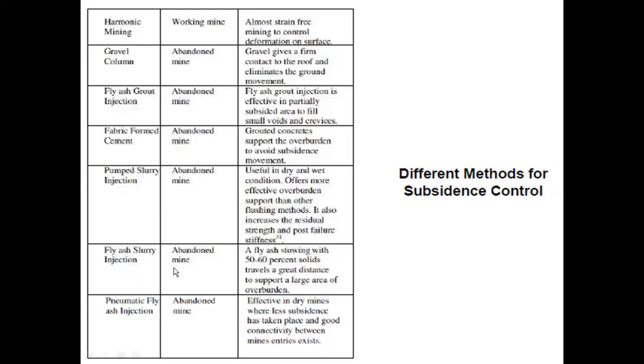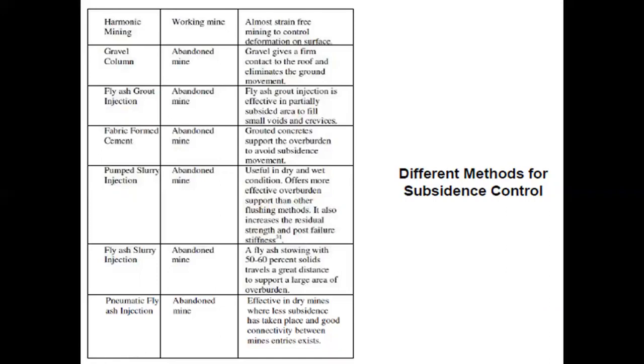Next, fly ash slurry injection. This is one kind of eco-friendly mining, wherein we can reuse the fly ash that is produced in thermal power plants after burning the coal.